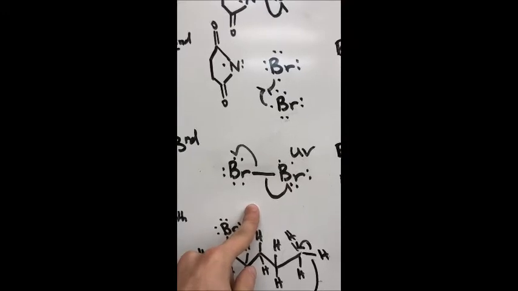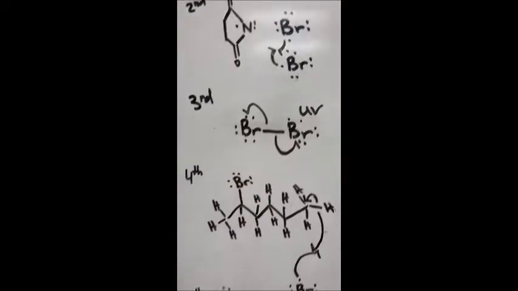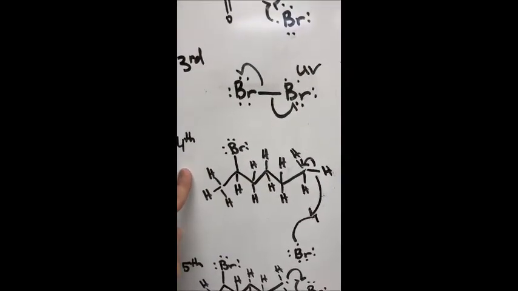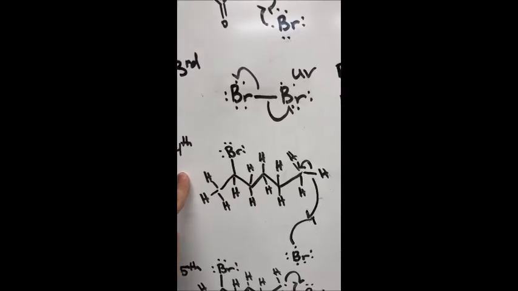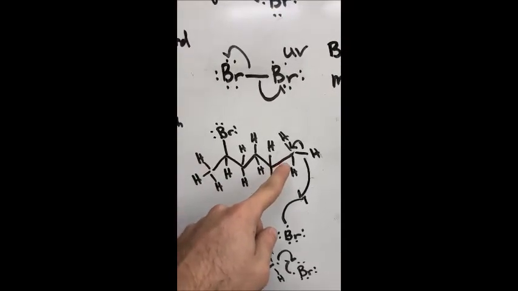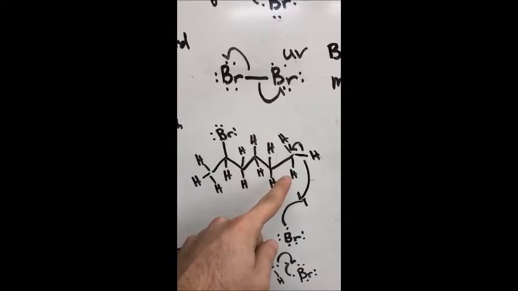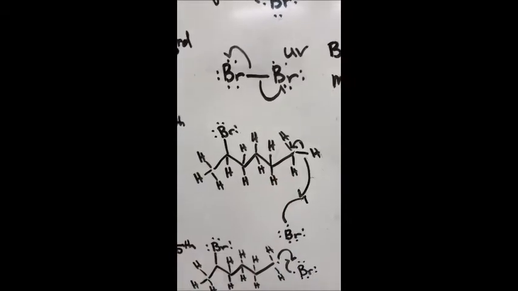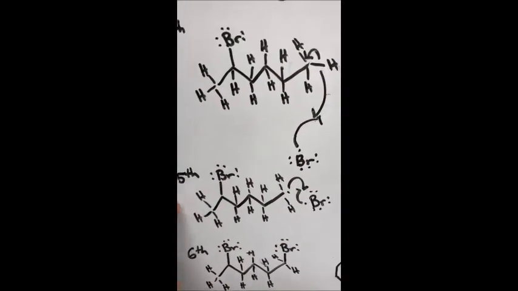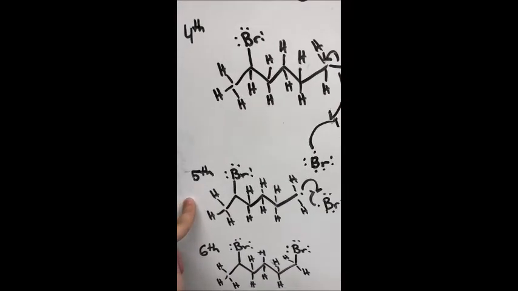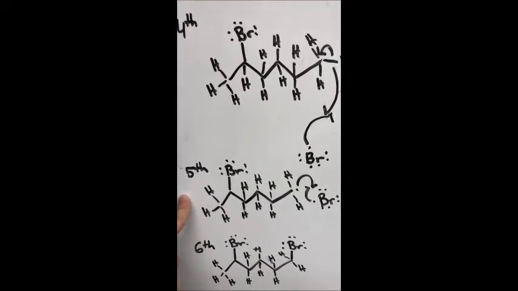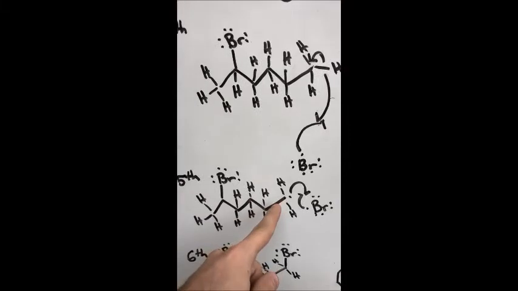We're now moving into the propagation step of this mechanism. In the fourth step, the pulling of the electrons away from the alkane chain forms an alkane radical and HBr. In the fifth step, the Br radical that was formed earlier reacts with the alkane radical.